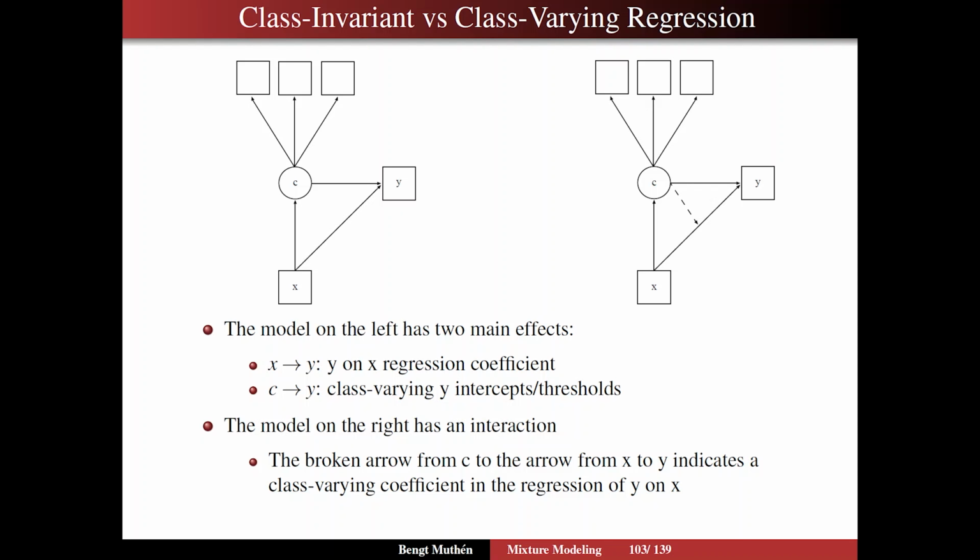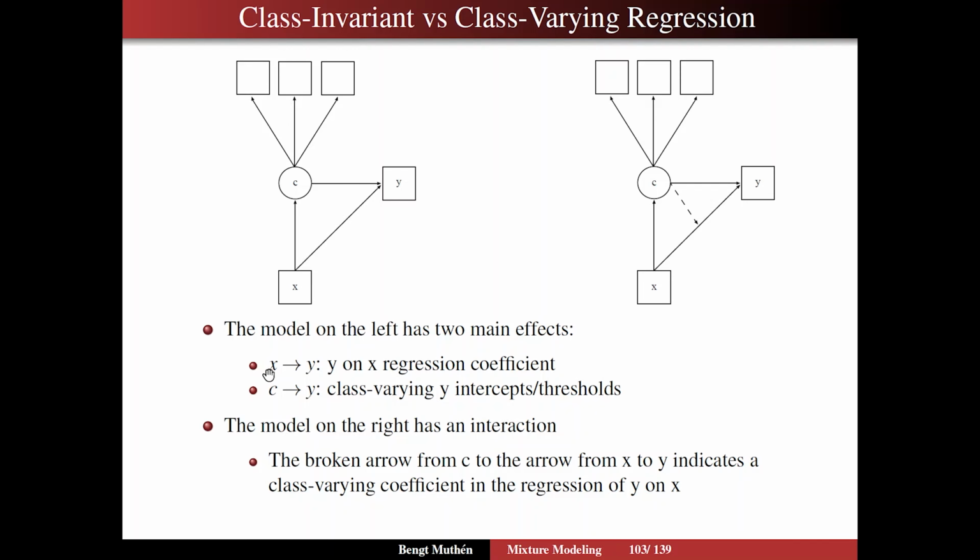So slide 103 shows 2 pictures. Top left, you have the indicators, in this case 3 latent class indicators, and a distal outcome and a covariate. So a simplified version of the models we looked at. And the model on the left here has 2 main effects.